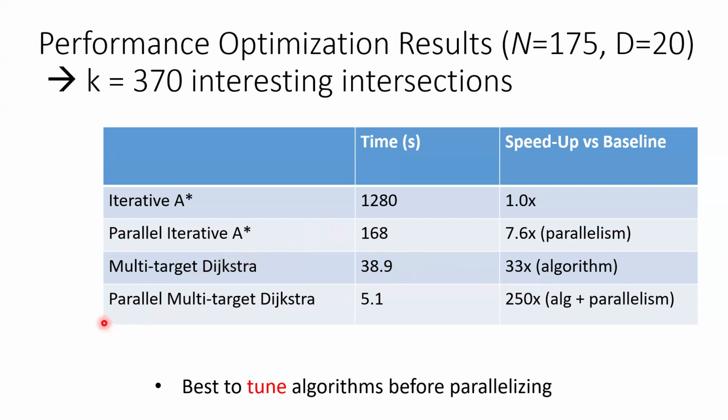Then we parallelize the multi-destination Dijkstra, which in total achieved a 250x speedup by algorithm plus parallelism. So our recommendation is always tune your algorithms before applying parallelization. Parallelization should be the last step.